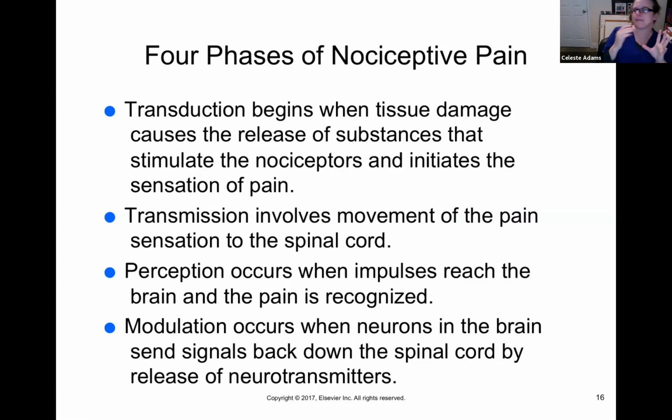This all happens in a matter of milliseconds: transduction, transmission, perception, and modulation. So know those phases, know how they come in order, and know what they do. Any questions there?